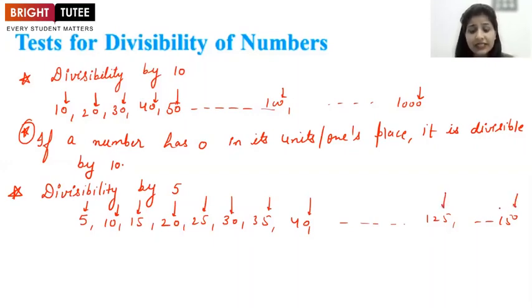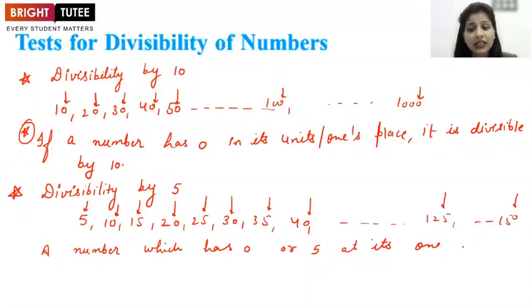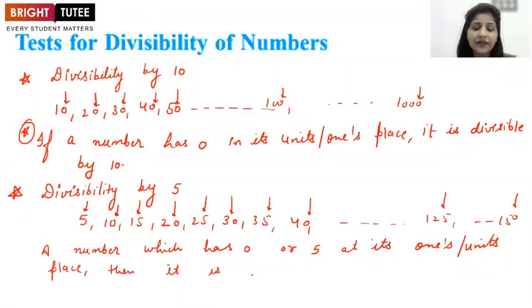So what will be the conclusion? A number which has 0 or 5 at its ones or units place is divisible by 5.